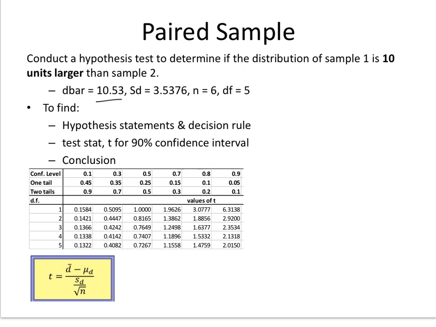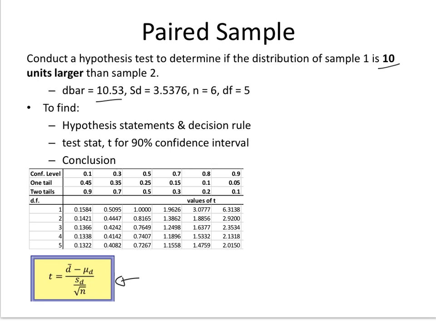So in this case, we're asked this 10 units larger question, and I'll call your attention to this equation down here. We've got our d bar minus mu of d. In many of the problems we've done, that value has been 0, because we're not saying there's any difference.